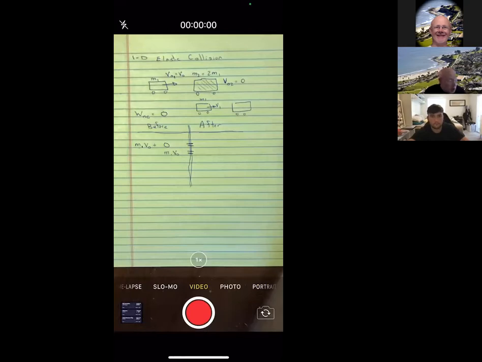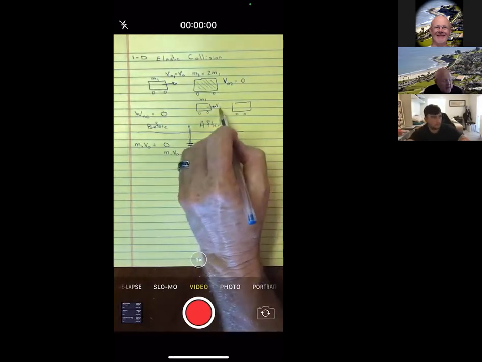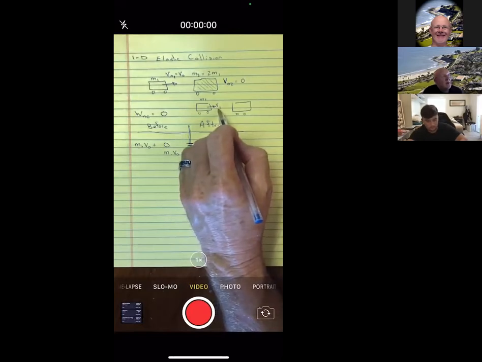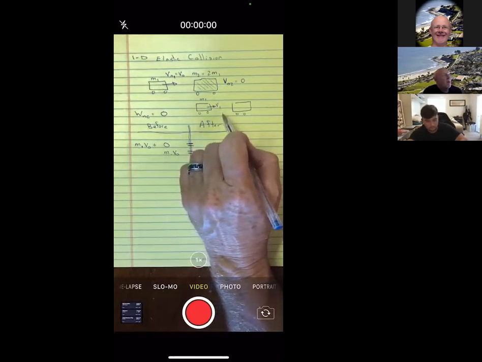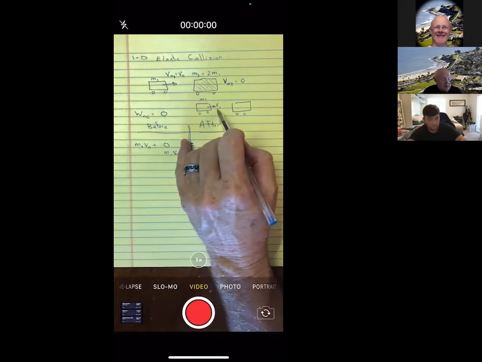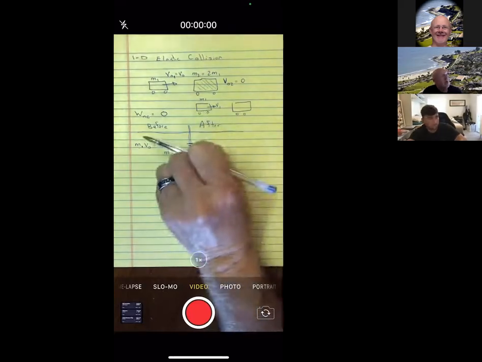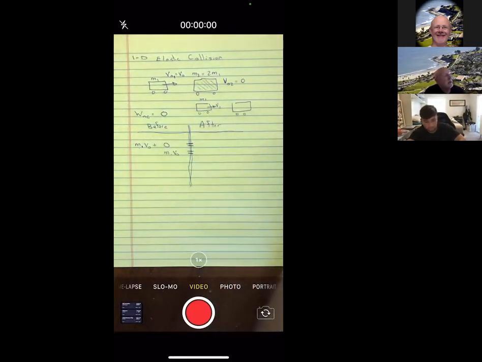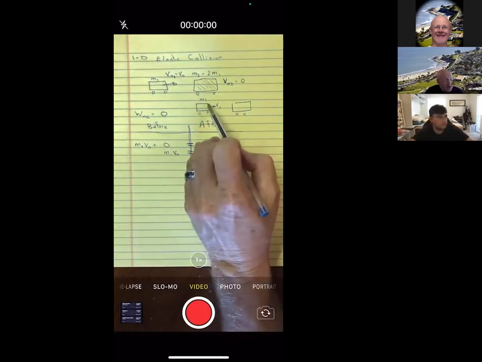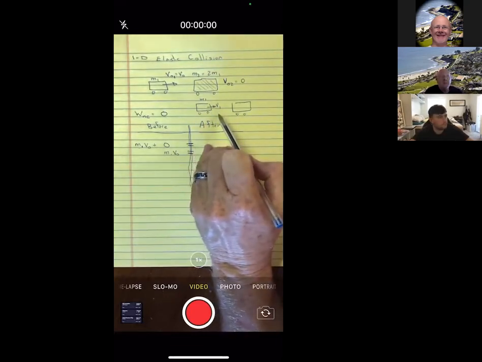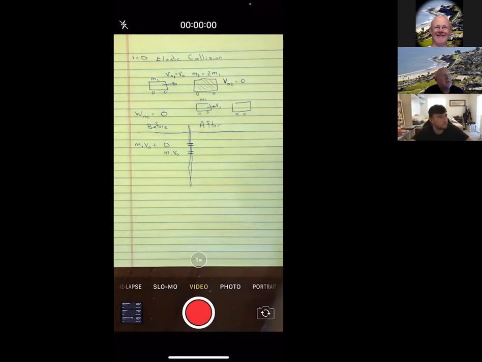Okay. So we could either think of V1 as being a negative number, or we could say its absolute value, but it's going backwards. Why don't we just think of it as a negative number? That way, I don't even need to worry about the hint. The hint will fall into place when I go to solve for V1, if that's what they're asking for.